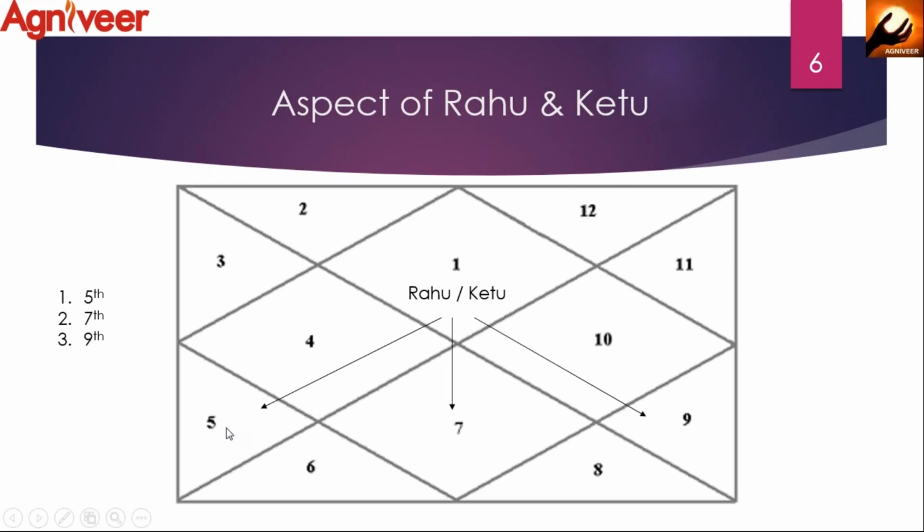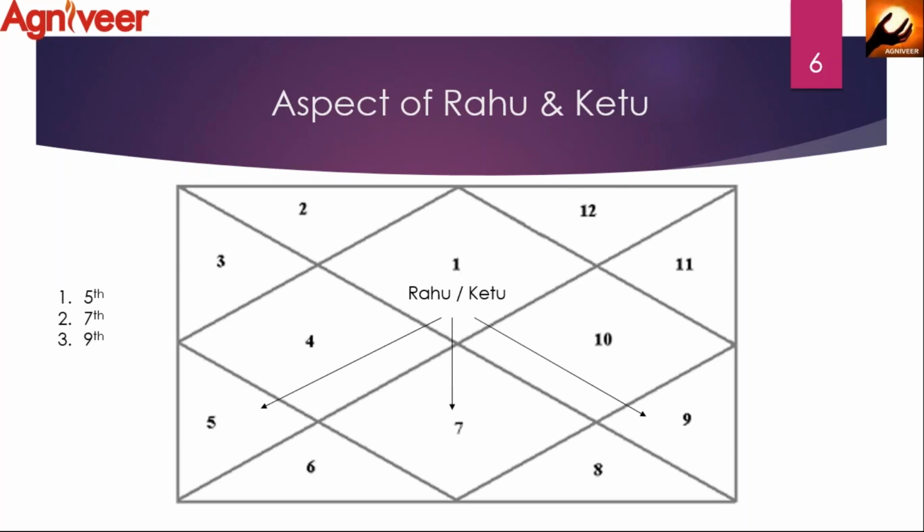Because Jupiter will be aspecting the 11th house from its 7th aspect, and Saturn will be aspecting the 5th house from its 7th aspect. So there will be a mutual relation between the two, and they will influence each other. As in a conjunction, where one planet influences the other, the same thing happens here. In an aspect relationship, both will influence each other. So this is how a conjunction and an aspect work.